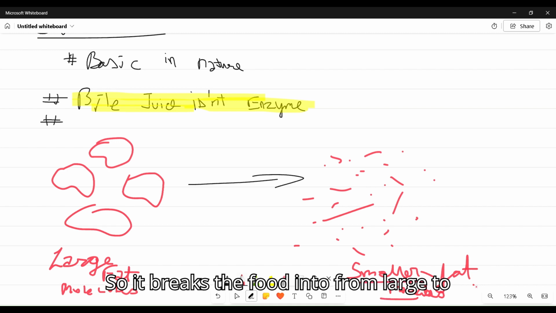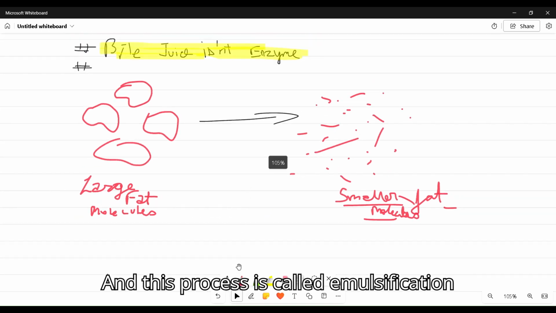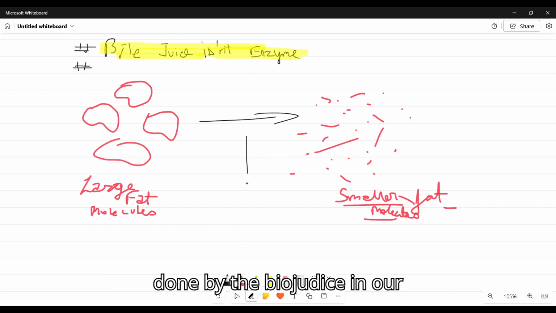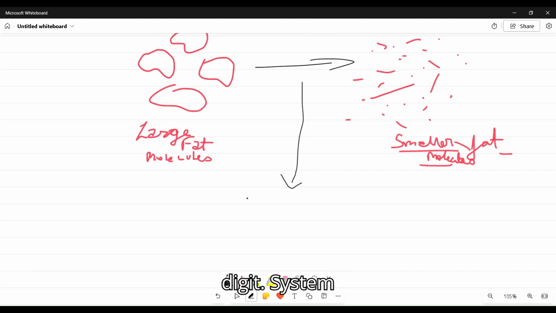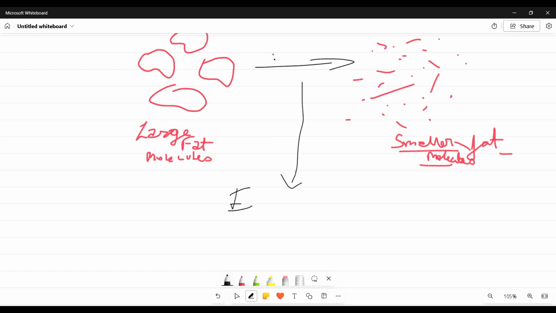So it breaks the food from large to small fat molecules, and there's a name for this process. This process is called emulsification, done by the bile juice in our digestive system.